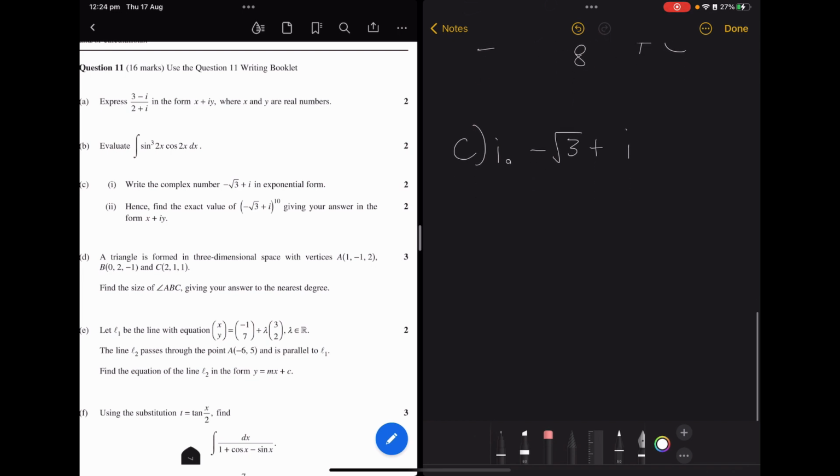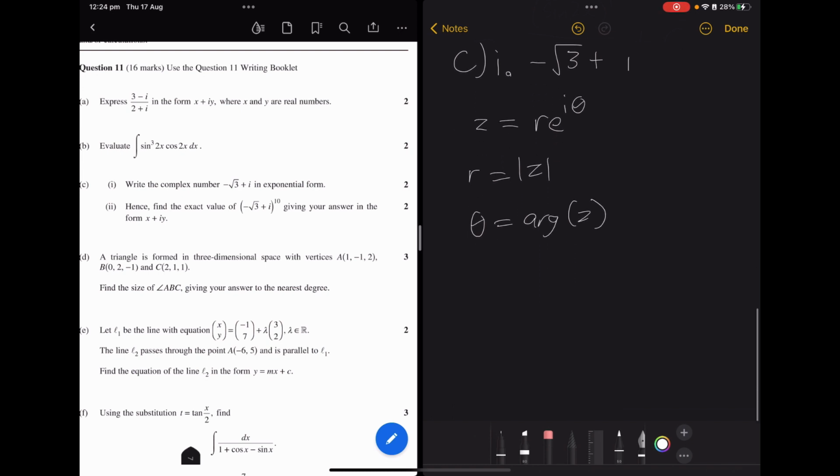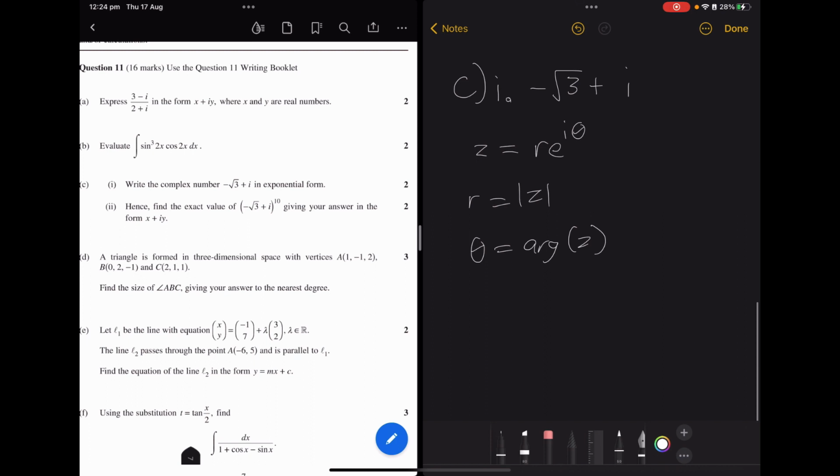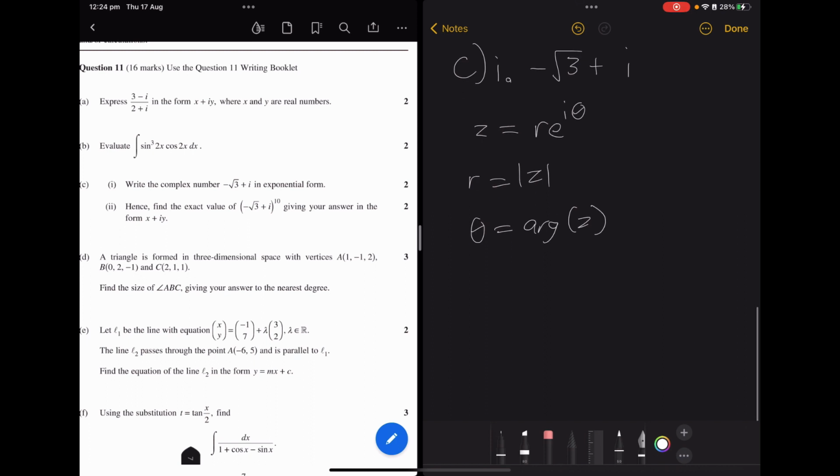Exponential form is when you have a complex number, let's say z, in the form of r e to the i theta. So r is given by the modulus of z, and theta is given by the argument of z. This should hopefully be pretty easy to see. So first we've got to find the modulus of our complex number.